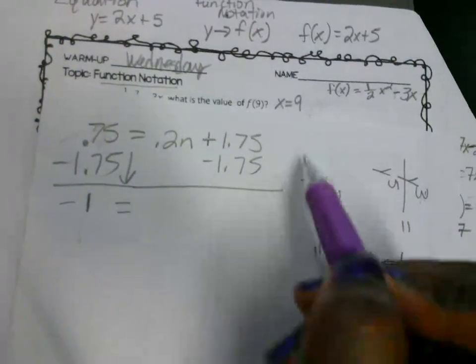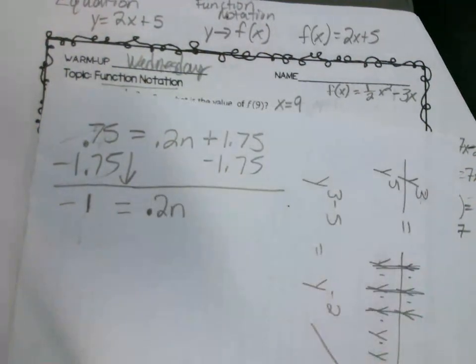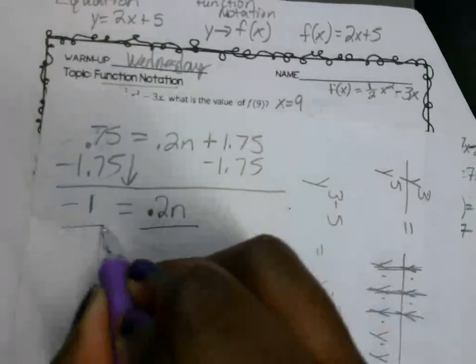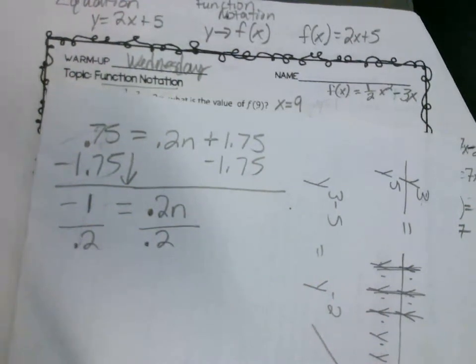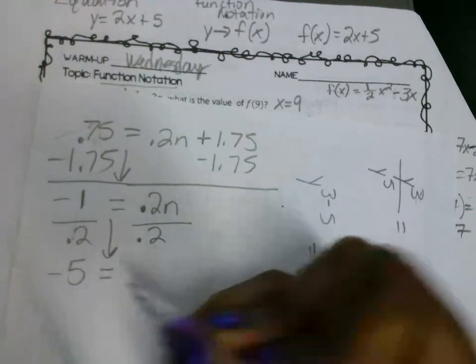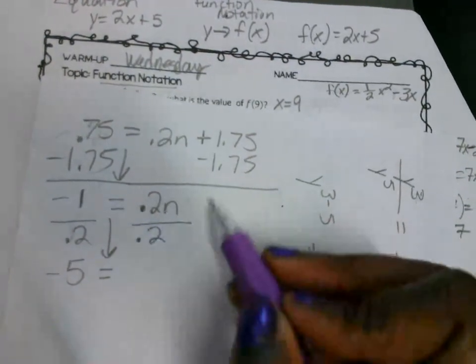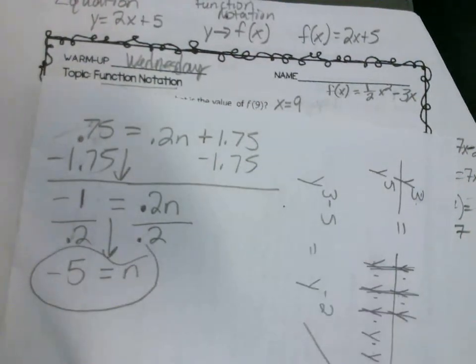What do we get on this side? 0.2n, right? 2/10 n. Now what do we do to get n by itself? What are we going to divide both sides by? What is -1 divided by 0.2? Bring down the equal sign. What do you get on this side? n. Any questions?